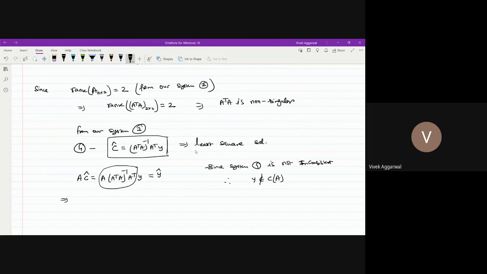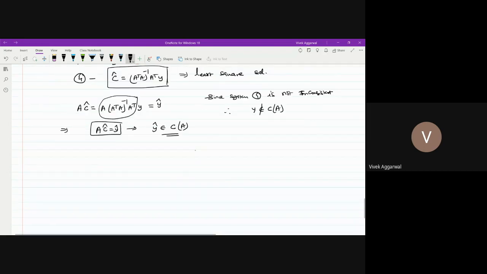So from here I get a new system, A C hat is equal to y hat, and this system is going to have a solution, because y hat belongs to the column space of A now. That's the least square solution, and in it we are able to solve this system of equations.